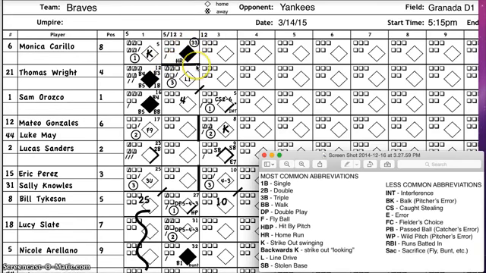Now, I see this solid line here. This solid line tells me that the Yankees changed pitchers after Monica's at-bat. So this solid line we put in horizontally between the batters to show when there's a pitching change. It could be anywhere, it can be between innings, but a horizontal line tells us where one pitcher stopped and another pitcher began.